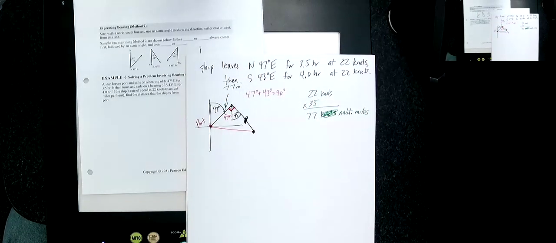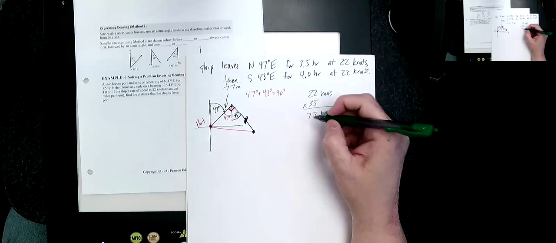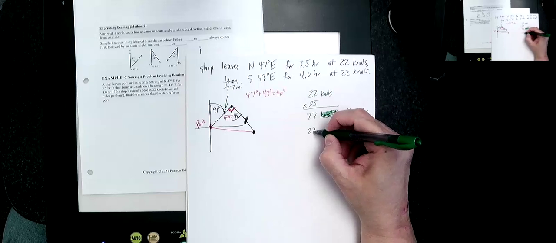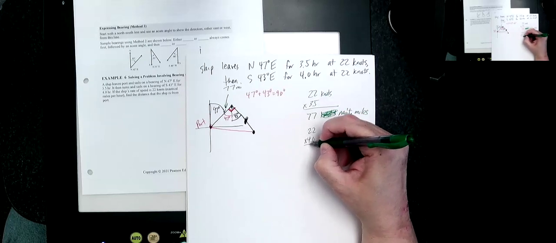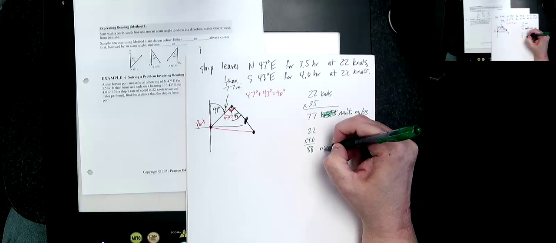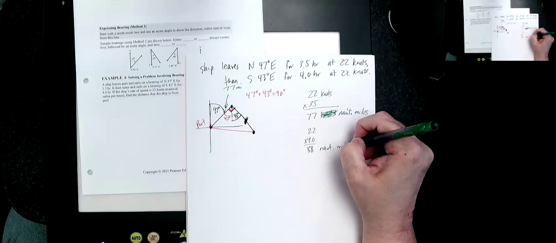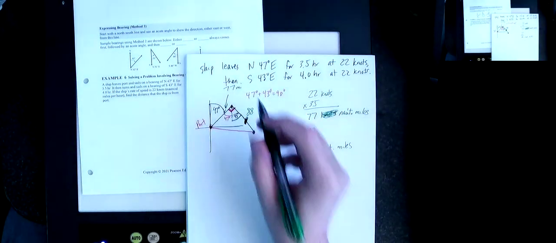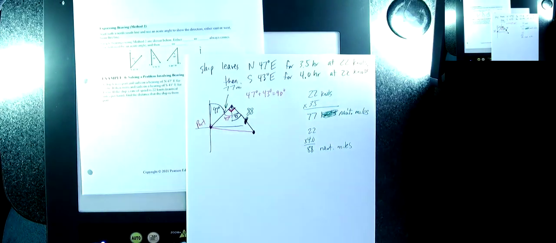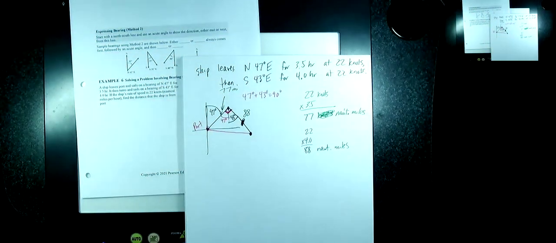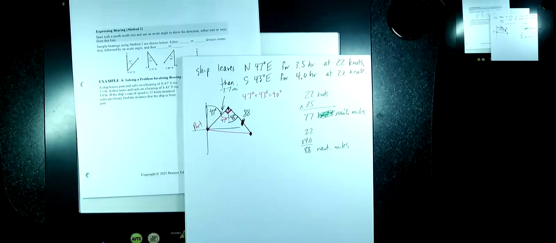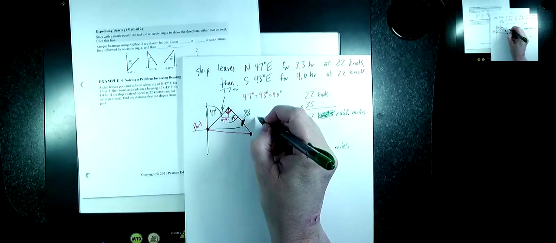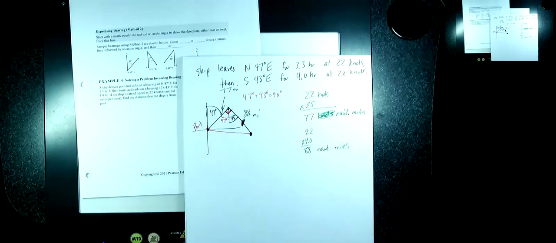And then we had 22 times 4.0. That's 88 nautical miles. So this side is how far this one went. That's 88 miles there.